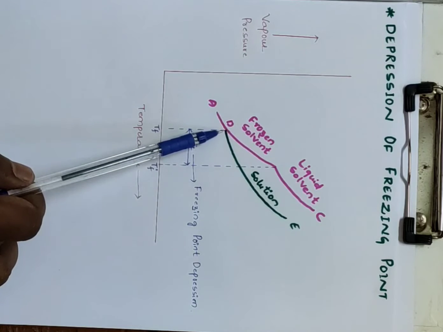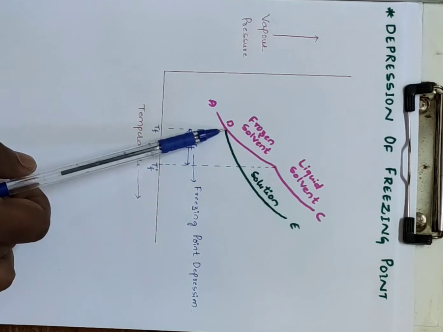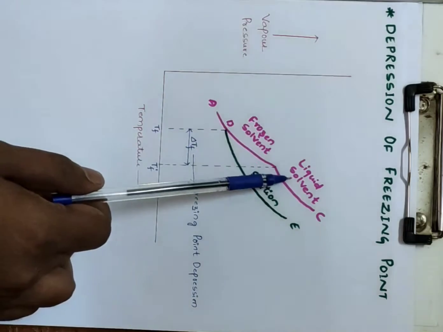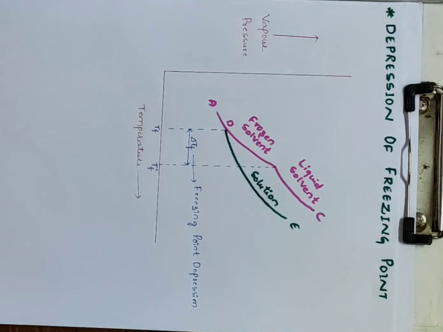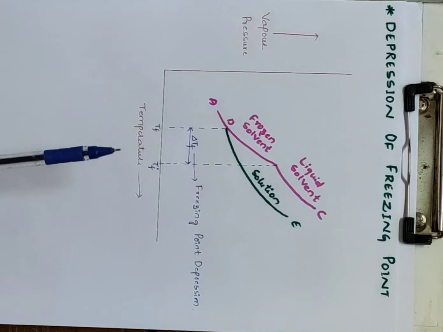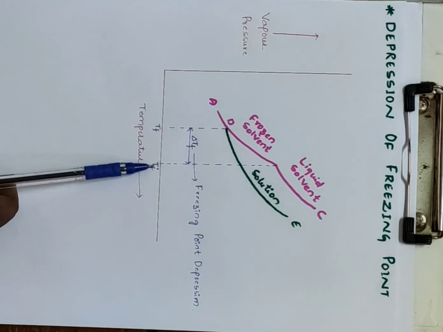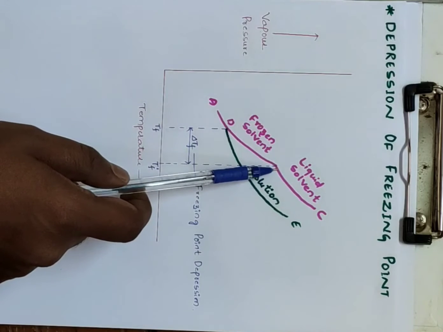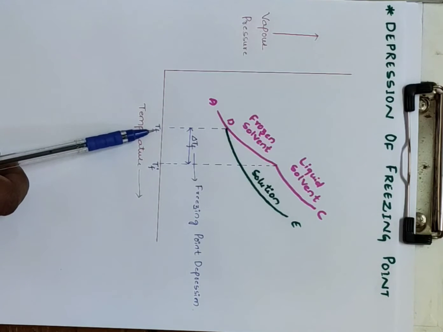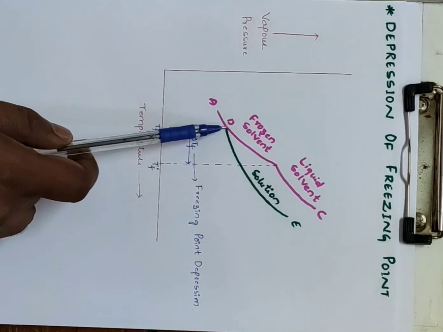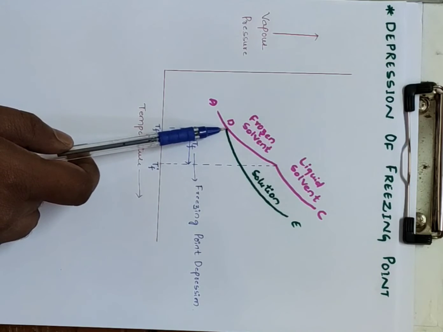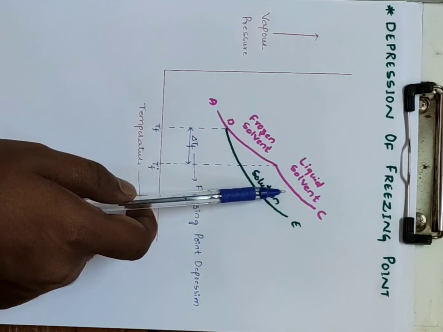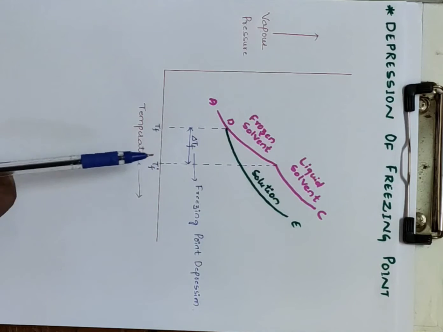So this point is the freezing point of the solution. It is lesser than that of the solvent. Let T0F be the freezing point of the pure solvent and TF be the freezing point of this solution. So the freezing point of the solution is lesser than that of the solvent.